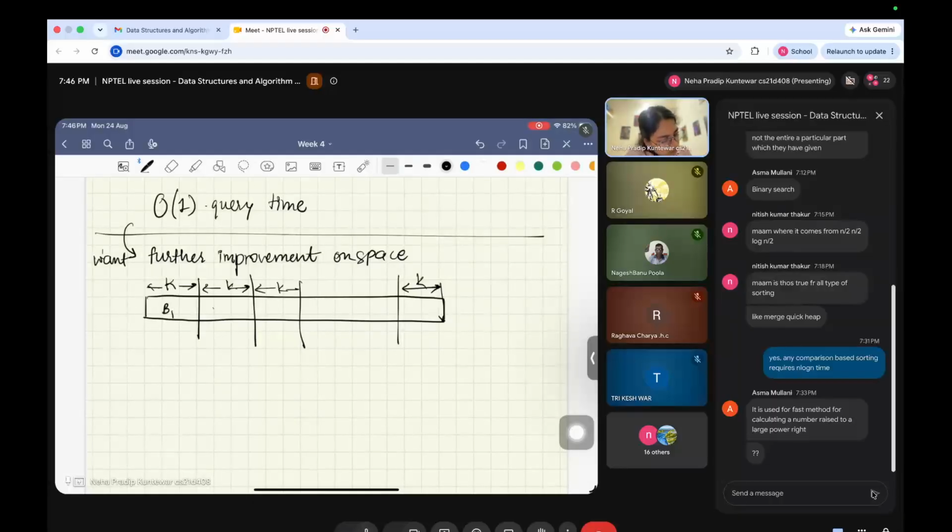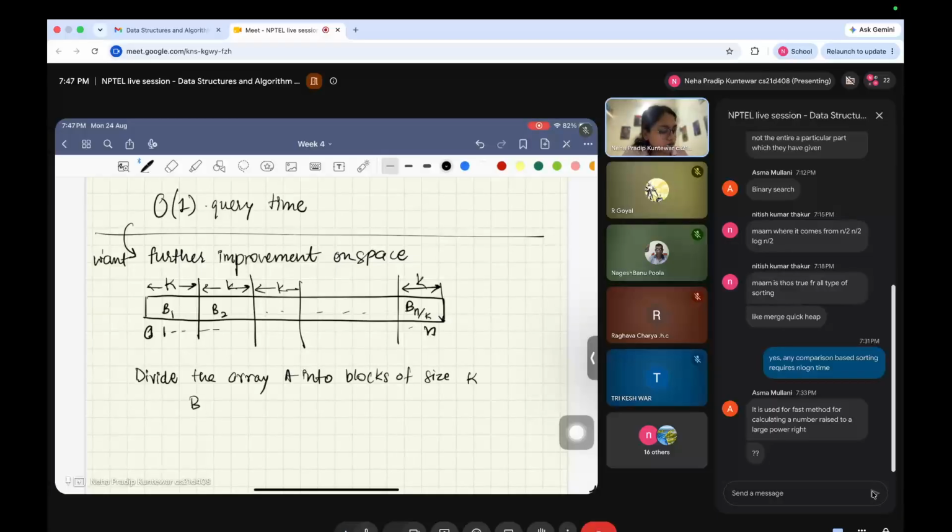So this is b1, b2, up to b n by k, because the total size of the array was n. Okay. Is k equal to L minus R, ma'am? No. So you don't know anything about L and R for now. Okay. So divide the array A into blocks of size k.